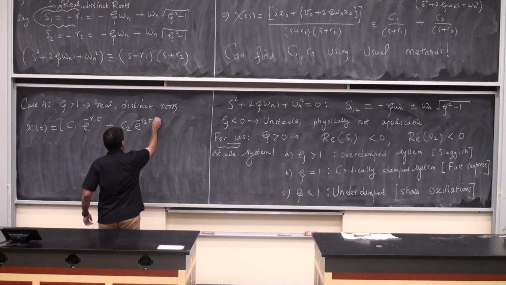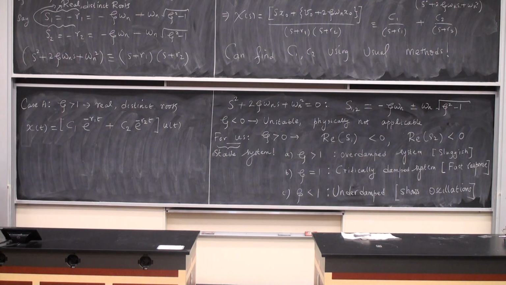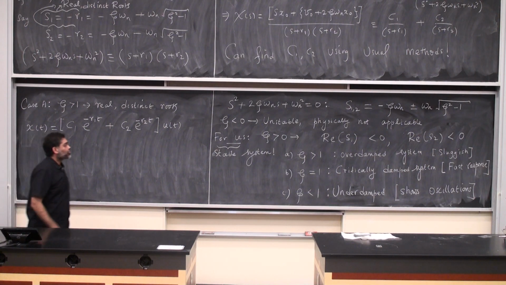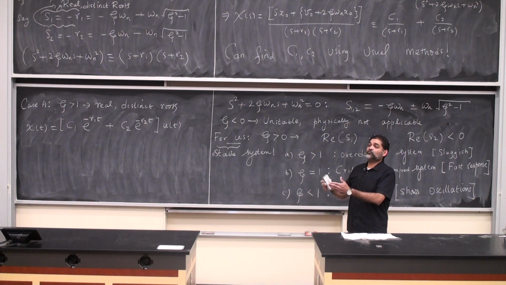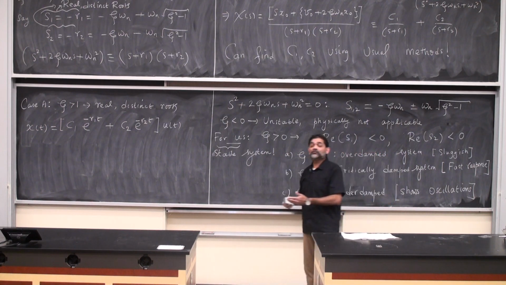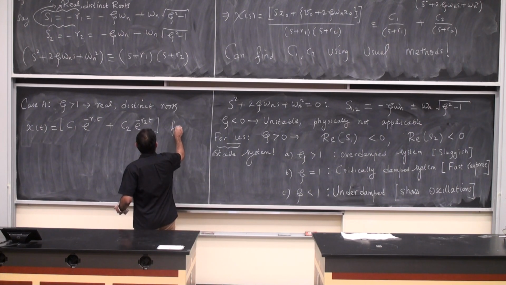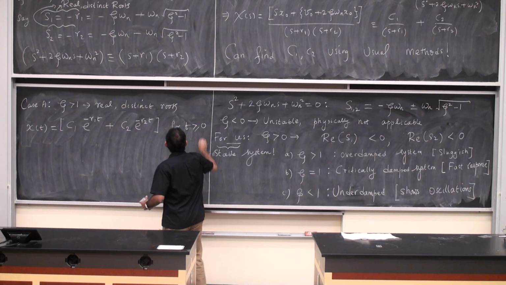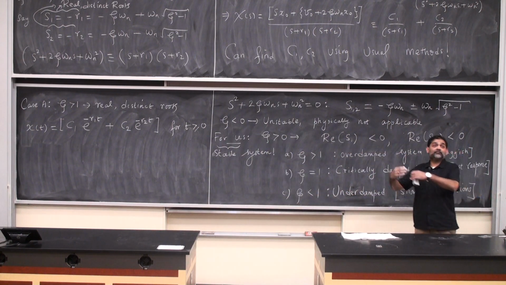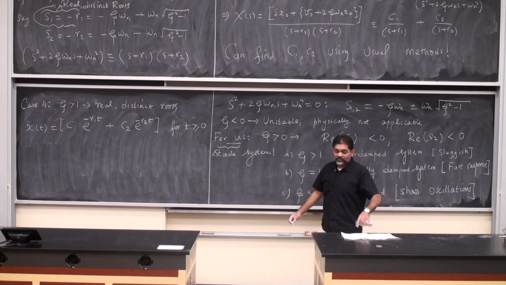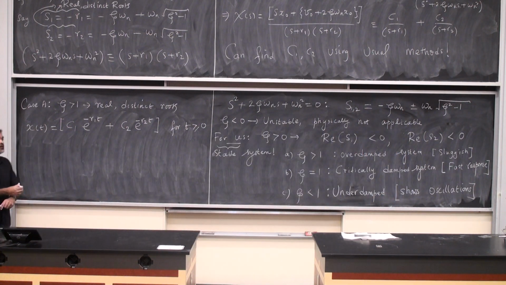If you want, you can multiply both by the unit step function. But better yet, if you don't want to do that, you can also say the following: the system response is defined only for t greater than or equal to 0. Okay, so you can either multiply it by the unit step function, which means that everything for negative t does not exist, or you can specifically say this is for t greater than or equal to 0.